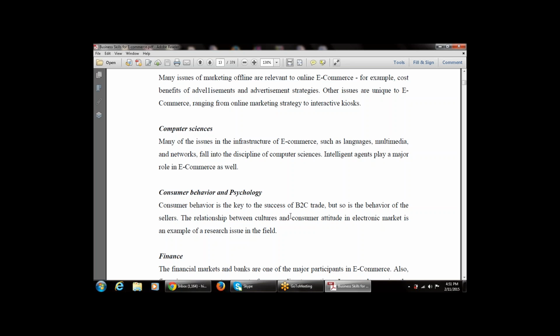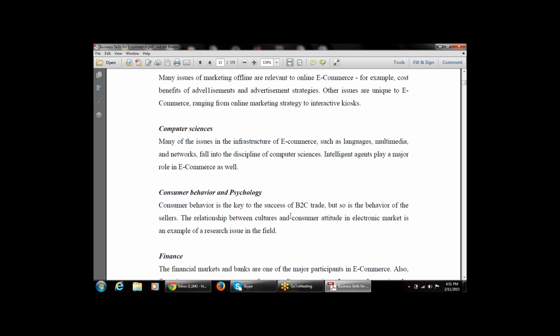Suppose I am purchasing something. I have an attitude: why should we buy this product? What is the advantage in this product? Whenever there is an attitude in the electronic market, this is also an example of a research issue. We are doing the research.